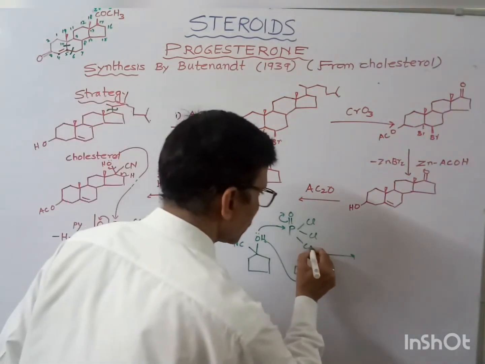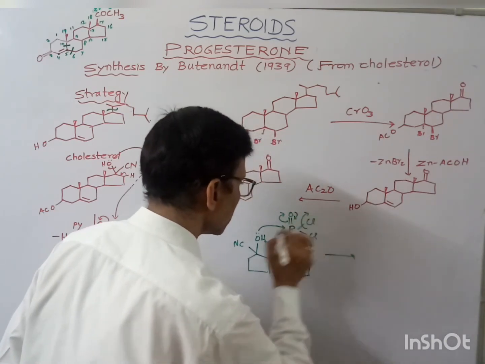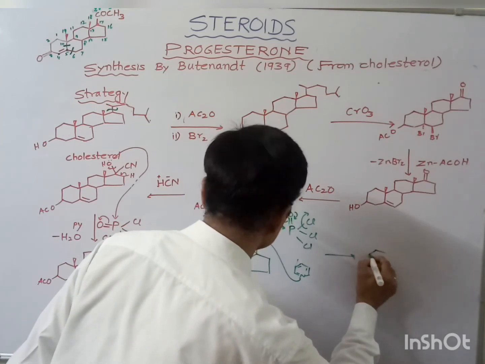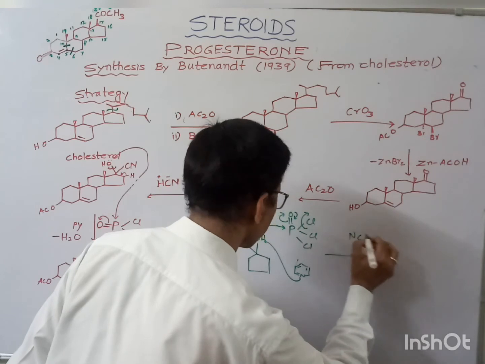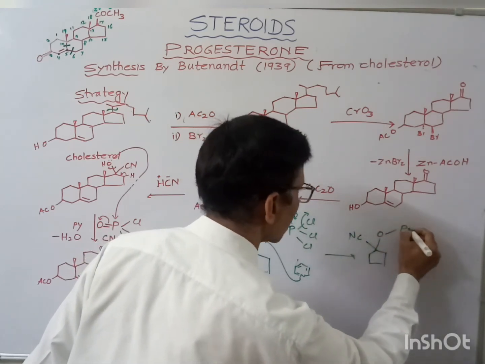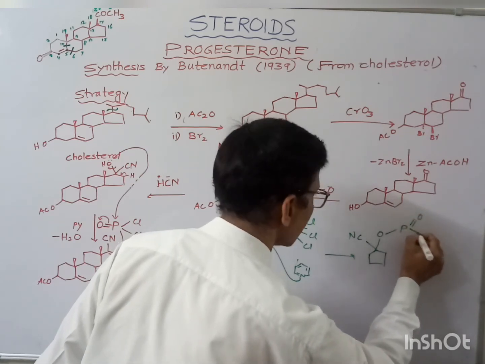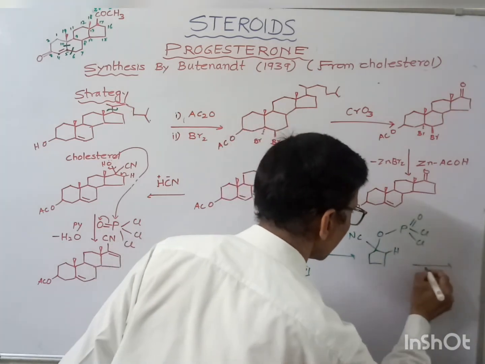One of the Cl will be removed as Cl minus, and here the oxygen is forming a bond with phosphorus, with the two Cl, and one hydrogen is present again over here.